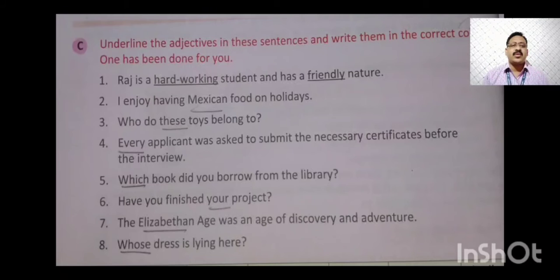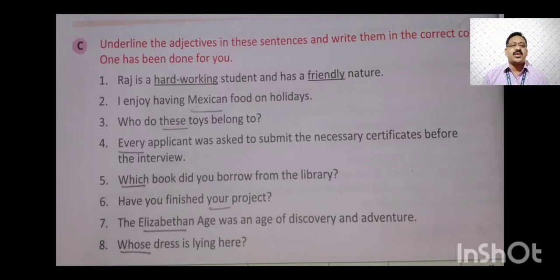Question number 3, who do these toys belong to? These is the adjective in this sentence. What kind? Demonstrative adjective. Every applicant was asked to submit the necessary certificate before the interview. So every is the adjective here, that is a distributive adjective.